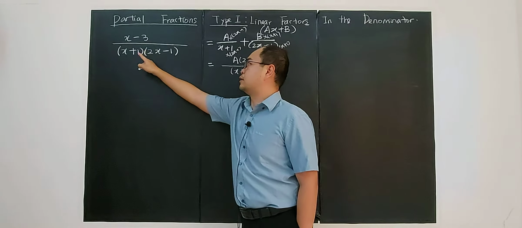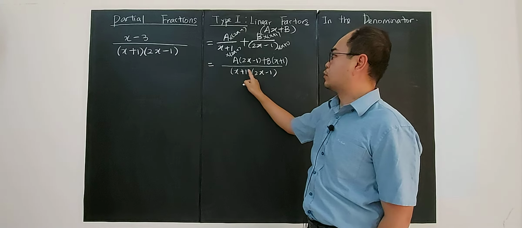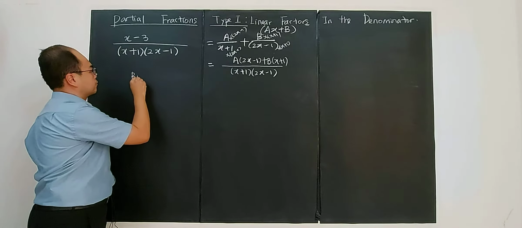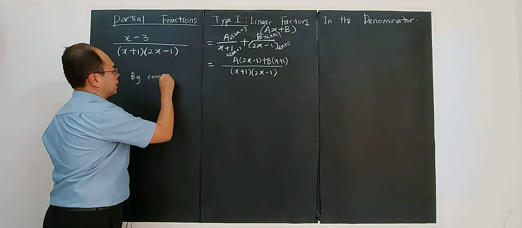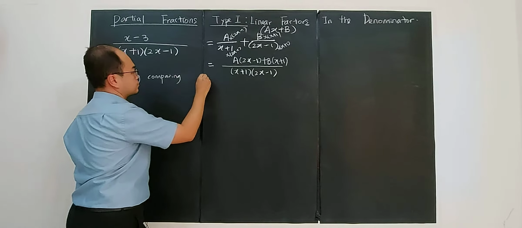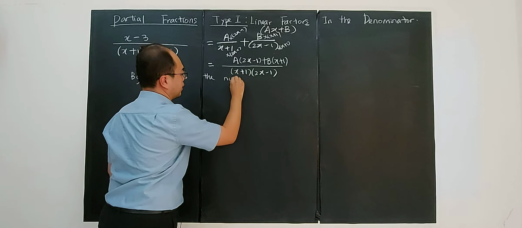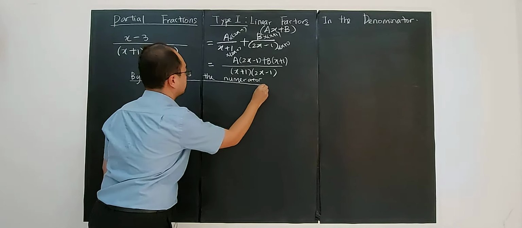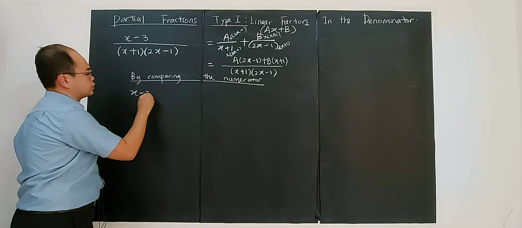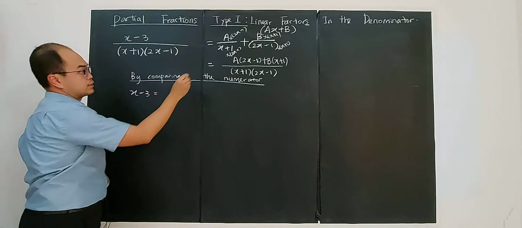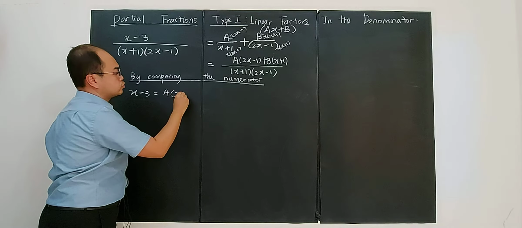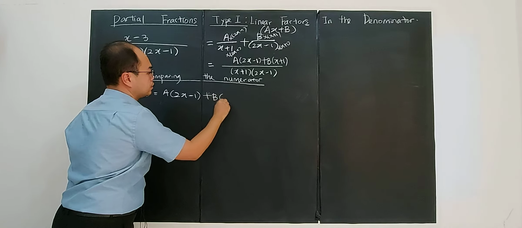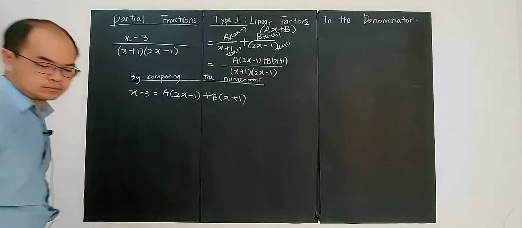The denominator will be the same, so of course by comparing the numerator, you know that x minus 3 will be the same as a 2x minus 1 plus b x plus 1, right?